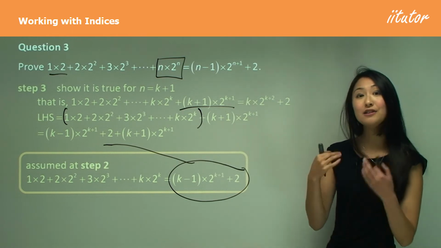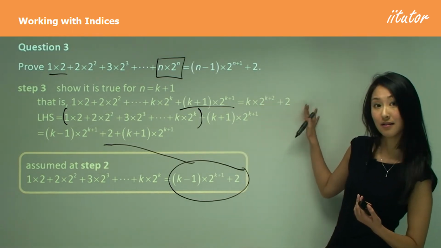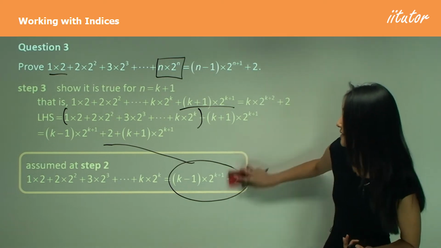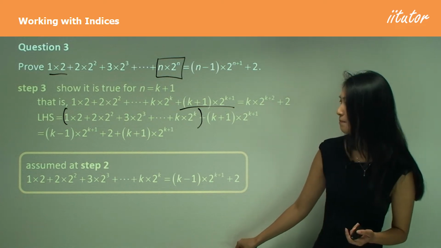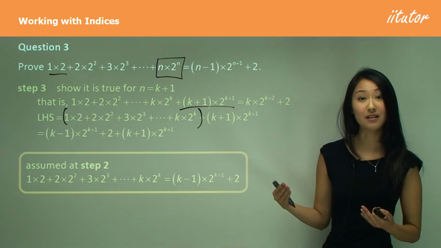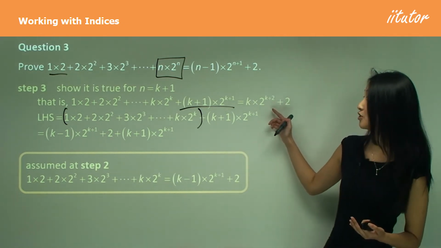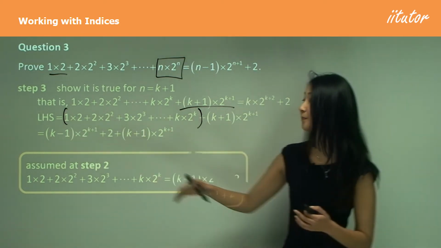And so remember how I told you, always keep your eye out. This is what I want it to look like. So always keep that in mind. So now we've substituted in. We think to ourselves, well, I think the best thing to do here would be to factorize out the common value, wouldn't it? So then we have the 2 to the power of something, just one of them, rather than 2 separate values.